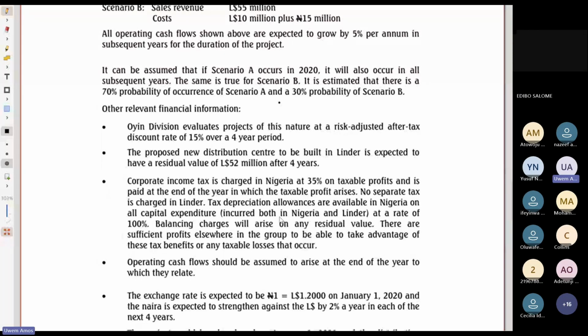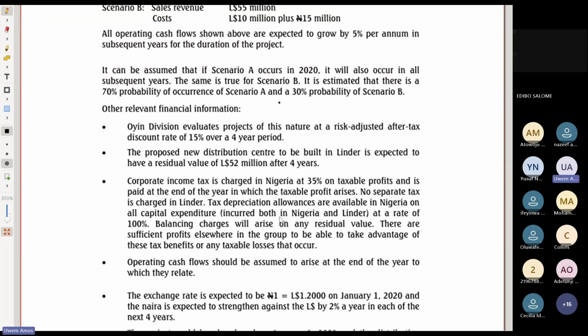Corporate income tax is charged in Nigeria at 35% on taxable profit and is paid at the end of the year in which the taxable profit arises. No separate tax is charged in Linda.